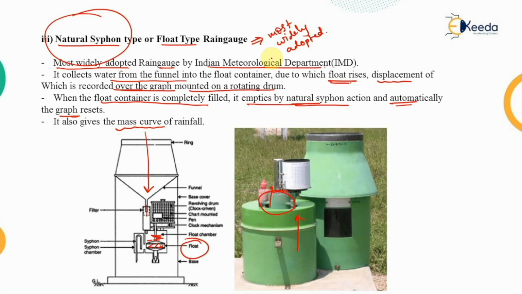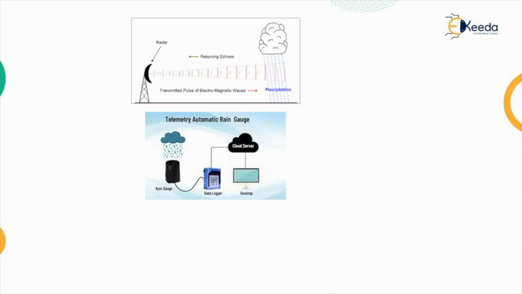So there is a difference between the two. In addition to these recording and non-recording rain gauges, we also have the latest technologies which help in getting the rainfall intensity and the magnitude of the rainfall. The first technique is radar, which uses pulses of electromagnetic waves.